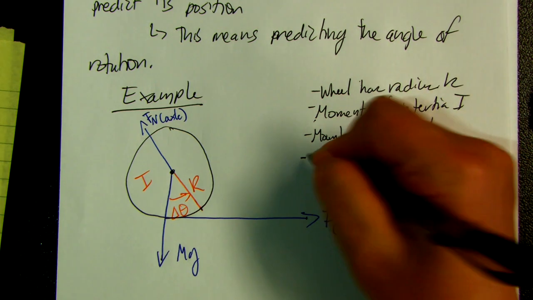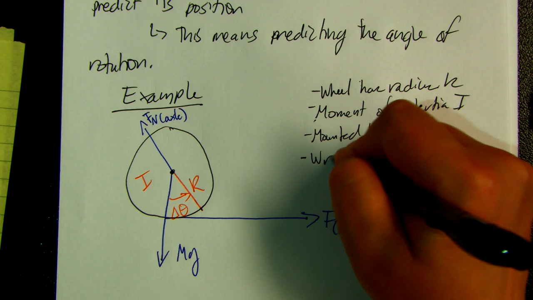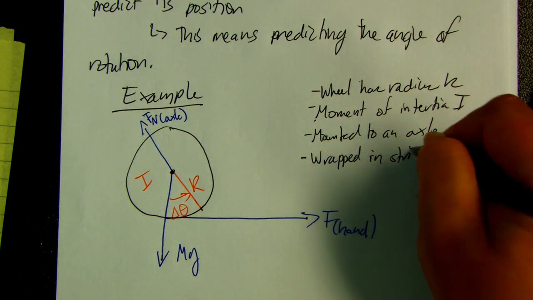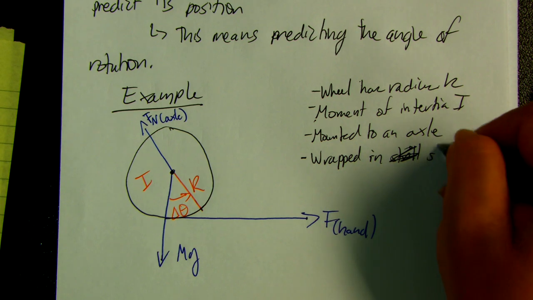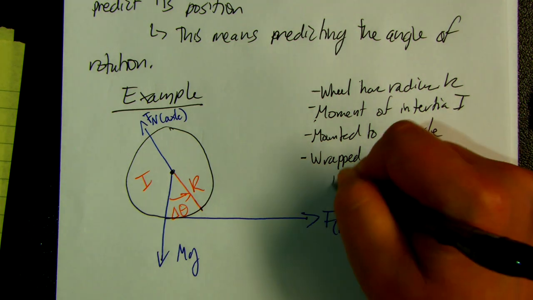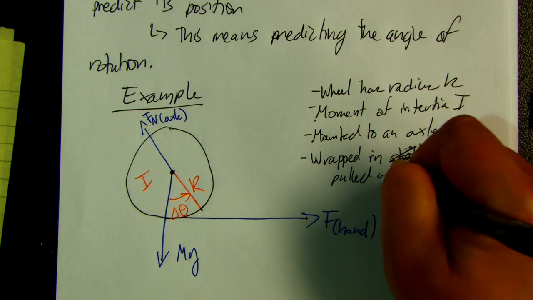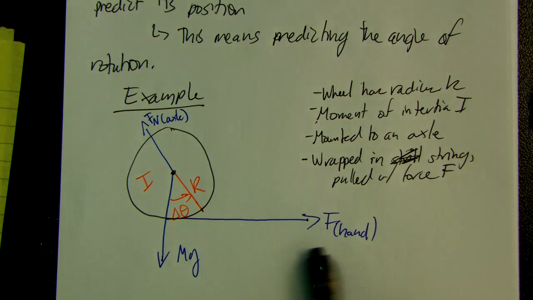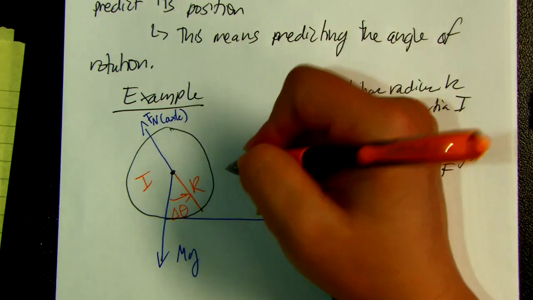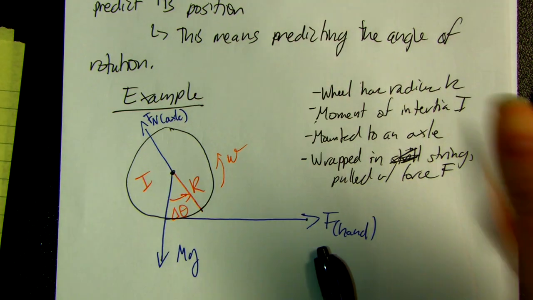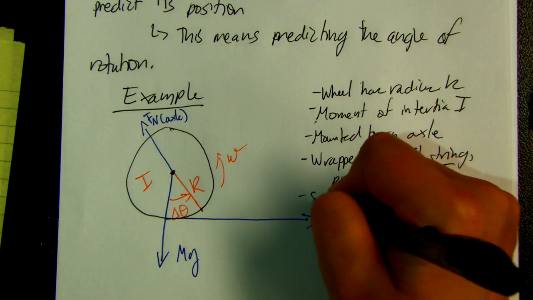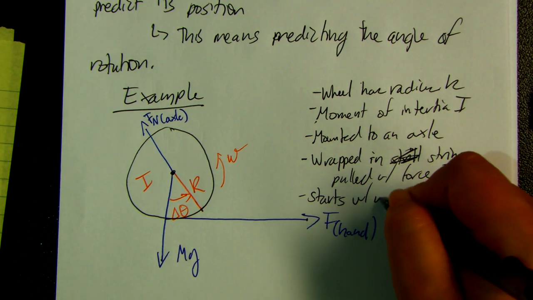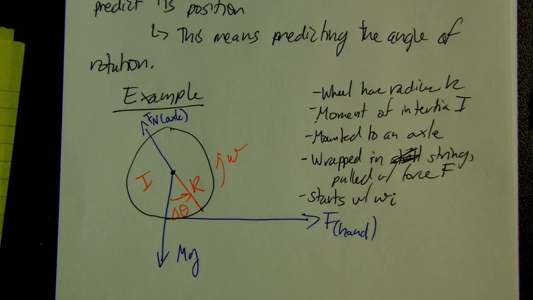Axle wrapped in string, pulled with force F. And it starts with omega i, so it does not start at rest, although I suppose what we derive would work if it did start at rest.